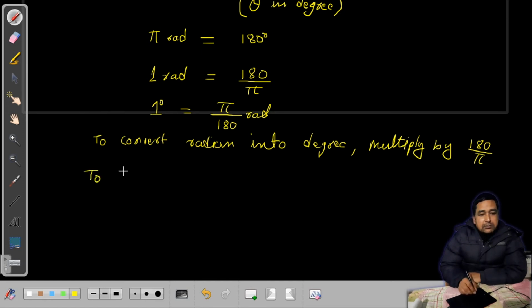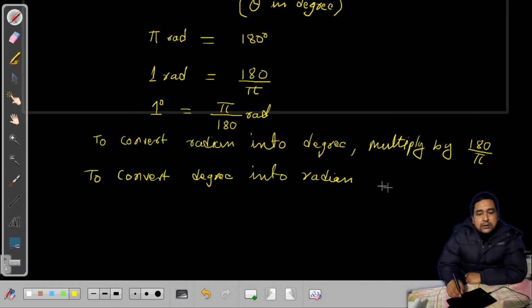Similarly, to convert degree into radian, multiply by pi upon 180.